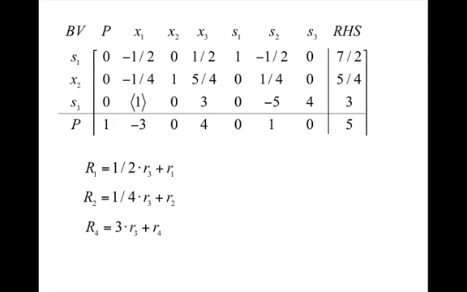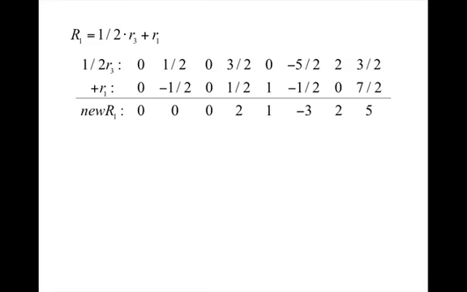For practice, I suggest you do these on your own. Just pause the video, work these problems on your own, and then play the video to check your answers. When I multiplied 1/2 times row 3 and added row 1, I got 0, 0, 0, 2, 1, -3, 2, 5.